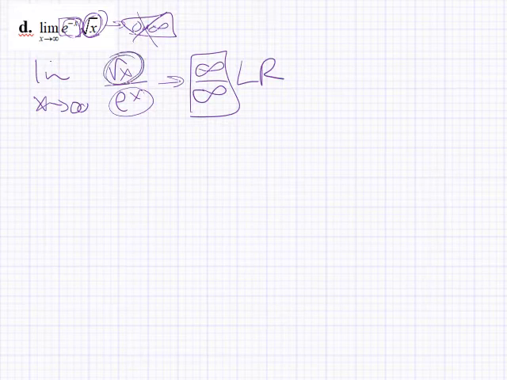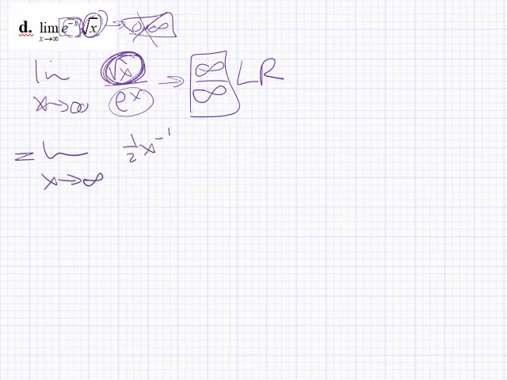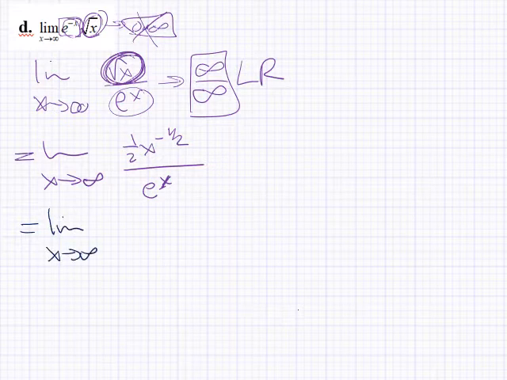So I'm going to write this as x to the 1/2. So I have the limit as x approaches infinity of 1/2 x to the minus 1/2 over e to the x. Those are your two derivatives. Again, really important you know your derivatives, so power rule and e to the x. What I'm going to do is I'm going to simplify this. This is to a negative exponent, so it should come to the denominator.